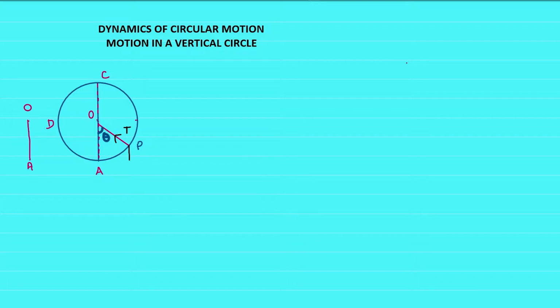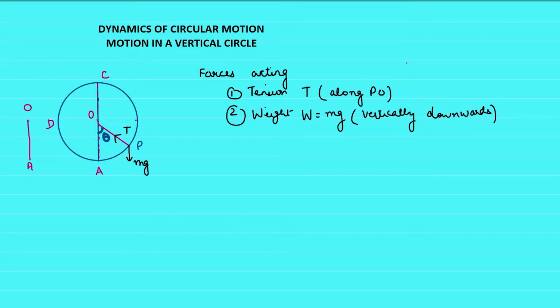Now the weight can be resolved into two components, one along the tangent and the other along the radius. So this is theta, so this component becomes mg cos theta and this component is mg sin theta.